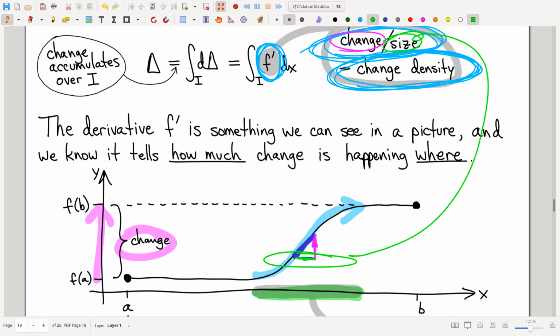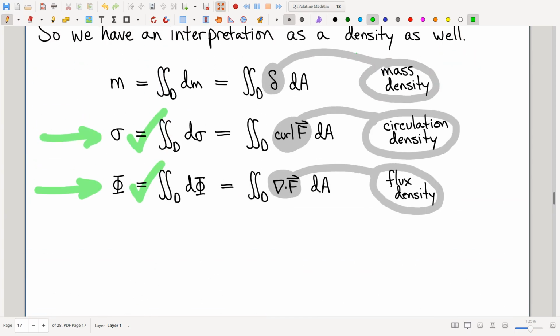And I push the value of analogies as follows. I already know that y'all are very comfortable with the fundamental theorem of calculus. Y'all have used it a million times. You've thought about it in a million different ways. So we've made the observation here that change is analogous, structurally anyway, to circulation and flux, in that it's accumulating quantities.